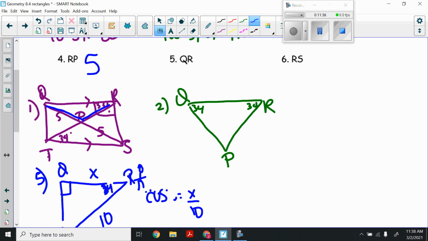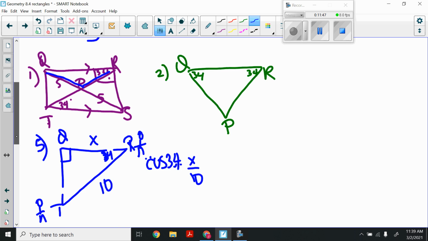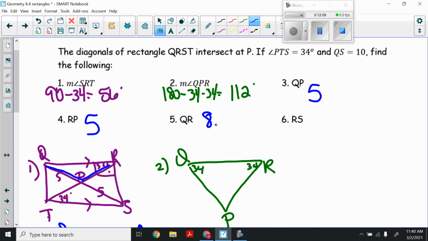That's the cosine of angle 34. Actually, it would not have mattered if I'd kept that 56 down there. Okay, so cosine of 34 is equal to x over 10. So cross multiply, 10 times the cosine of 34 is equal to x. When I type that in my calculator, I get that x is approximately 8.3. So I have QR is 8.3.